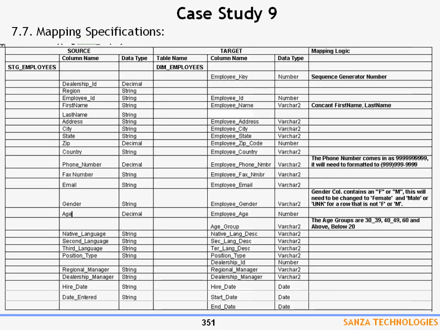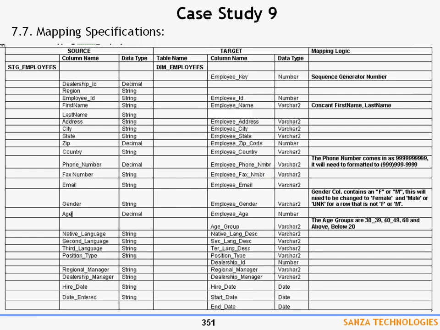So you have the STG employees table. You are going to load the data into the dimension employees table and concatenate first name, last name. All this is the same. Then we have to do SCD type 2. So my approach to this mapping: first I will define the source, I will define the target, I will create an expression transformation and concatenate, reformat the phone number, gender and the age group.